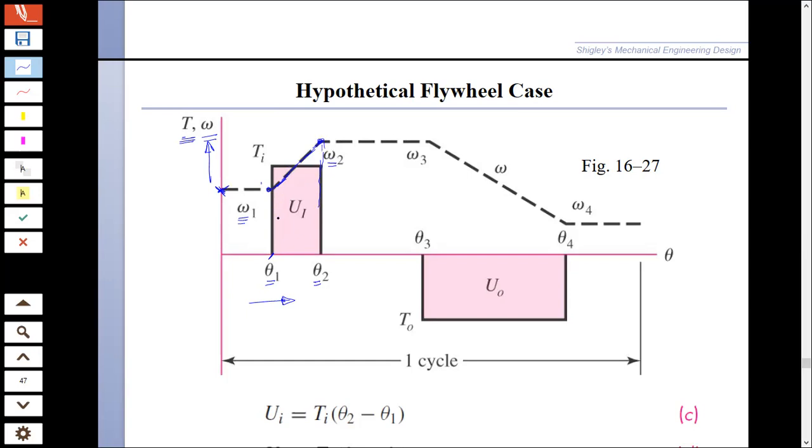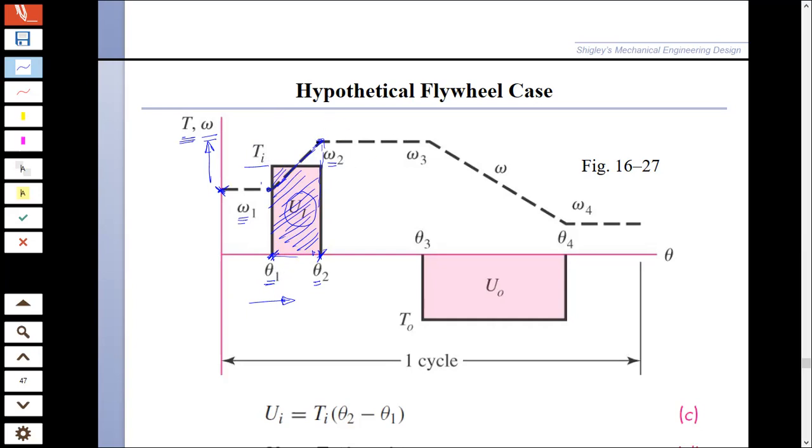The energy that is supplied in this power stroke can be determined by the area of this rectangle, which is, let's say, U1. That will be equal to T times the length of this side of the rectangle, which is theta 2 minus theta 1. So it will be Ti times theta 2 minus theta 1.